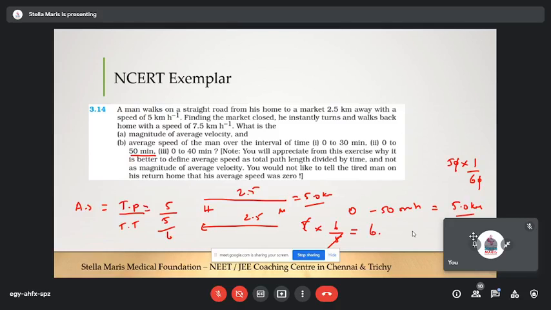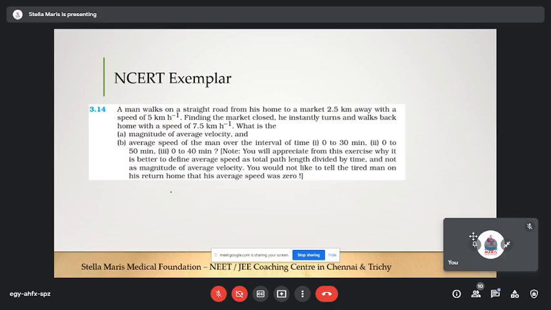Okay. So what will be the 0 to 40 minutes? Any idea? For the third one, that is the 0 to 40-minute interval. So the time taken is 40 minutes.